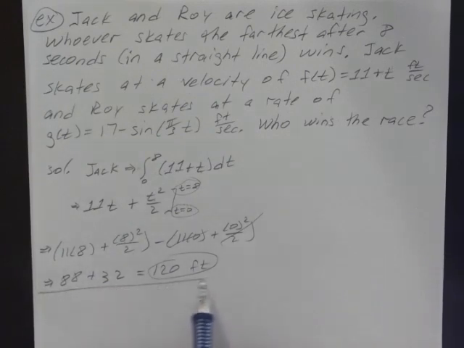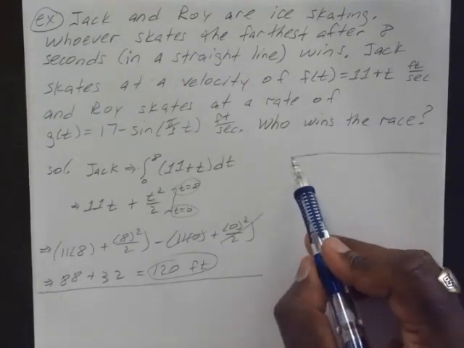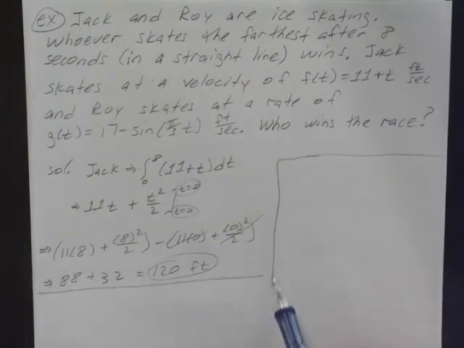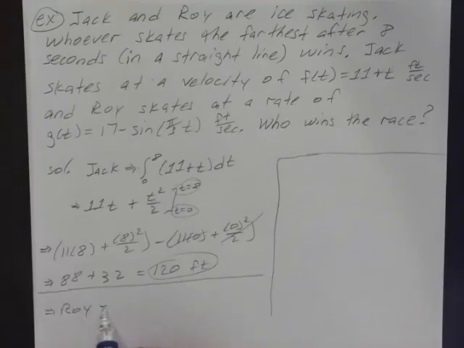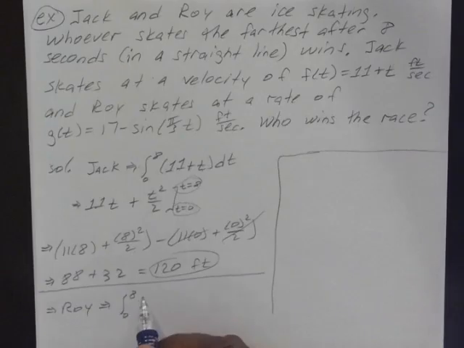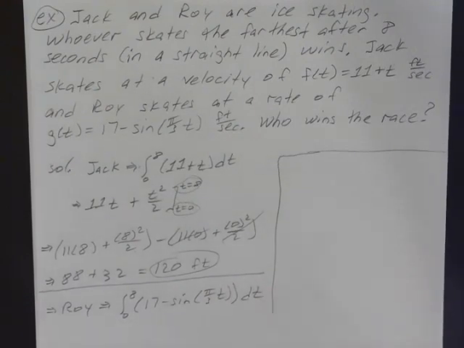Okay, so let's go ahead and just separate that. I'm going to leave this side kind of open for a reason. That's because for Roy, we know that from 0 to 8 seconds, his velocity function is 17 minus sine of pi over 3 t with respect to t.